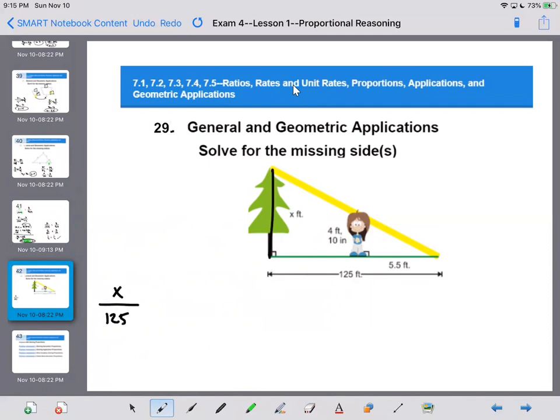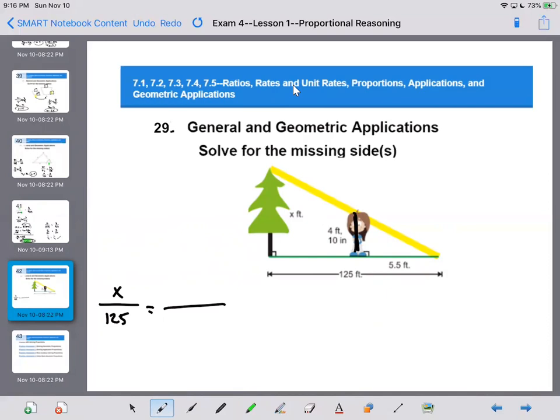So x is going to compare to the 125. So I'm taking the height of the tree and comparing it to the distance here, which would be 125. And then I want to compare that to the 4 foot 10 inches, which 10 inches is 10 out of 12, 10 divided by 12.